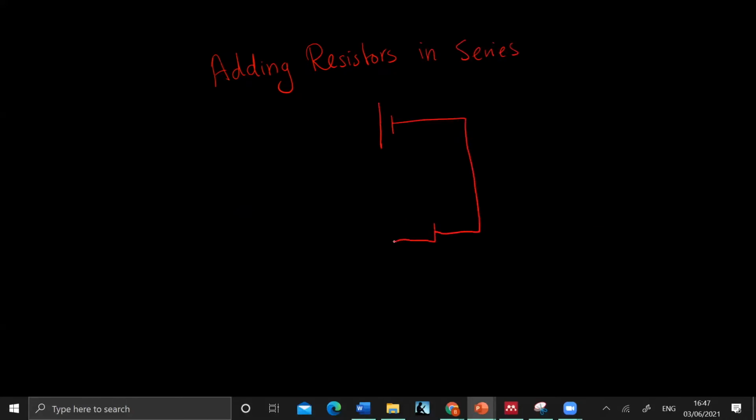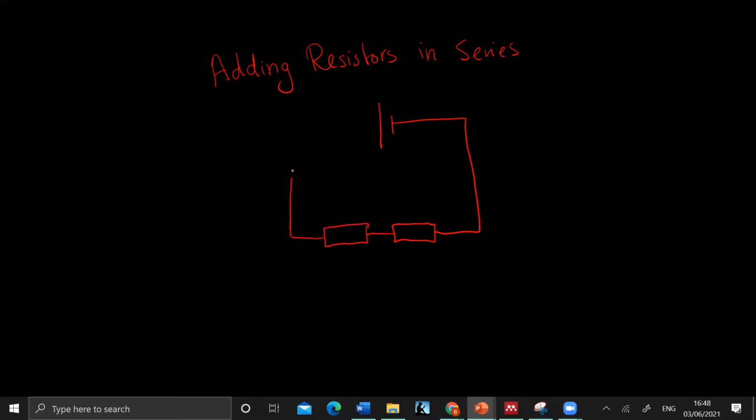Okay, so let's do the nice easy bit: adding resistors in series. It's very straightforward. In a circuit, we have two resistors.